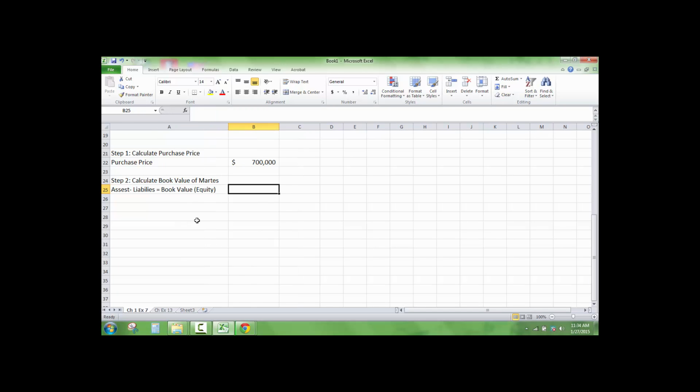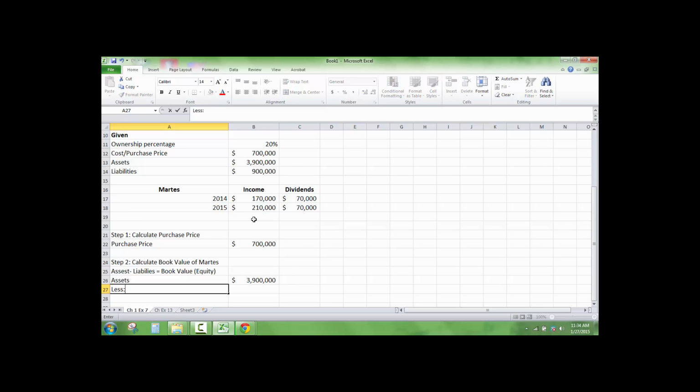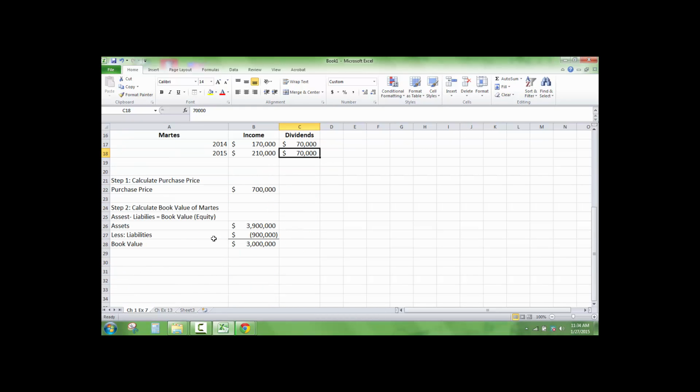So here we go. We're going to have assets, which is $3.9 million, less liabilities. I'll put a negative sign here because we're going to subtract, equals book value. So the book value is 3 million.